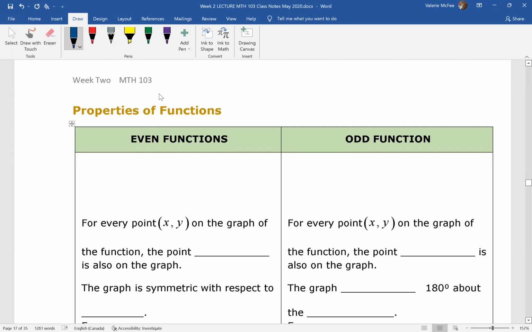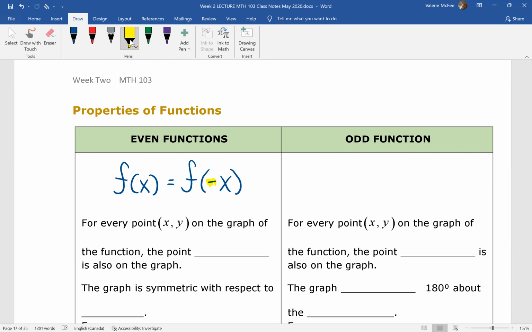Let's start with an even function. We say that for an even function, f of x is equal to f of negative x. What that essentially tells us is that if the x's are the opposite of each other, then the y values are the same.